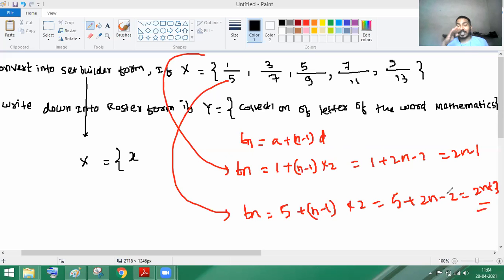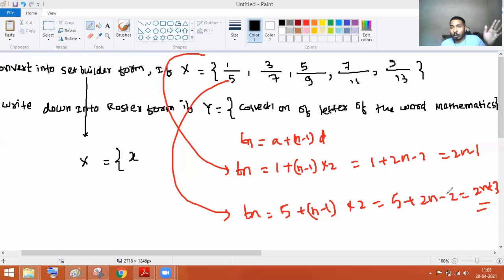But this is restricted to when you have the same common difference throughout the sequence. Then you can apply this formula. Otherwise, like in the previous problem, there was n square plus 1, which you cannot find with the AP, because the difference was not the same.